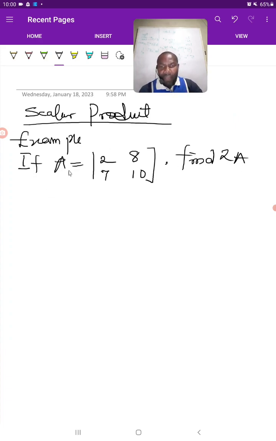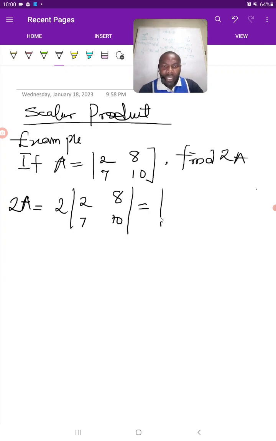For example, you have A to be 2, 8, 7, 10. Find 2A. If A is this, to find 2A is very simple. You write 2 times 2, 2 times 8, 2 times 7, 2 times 10. This is what we call a scalar product.